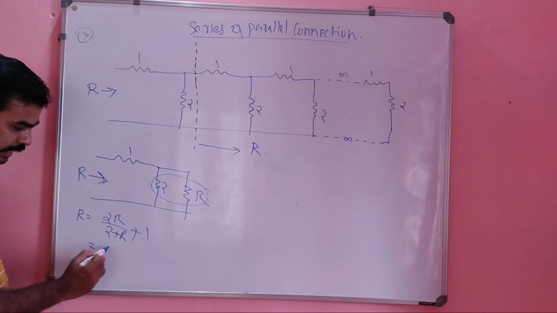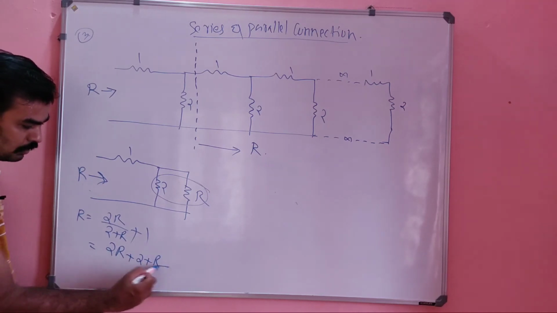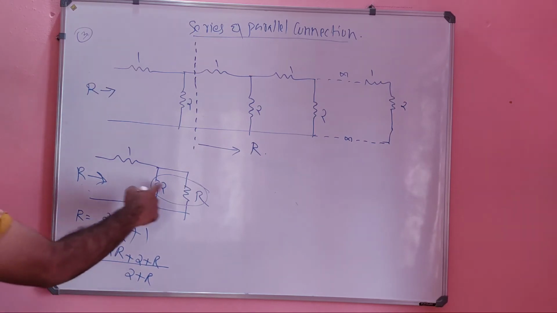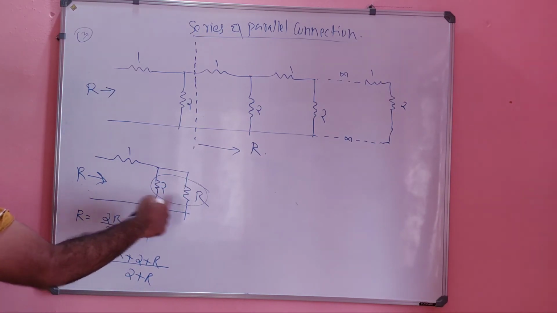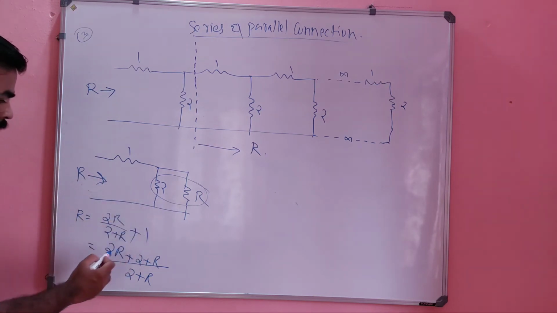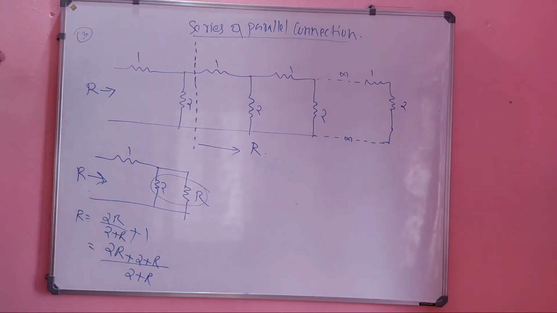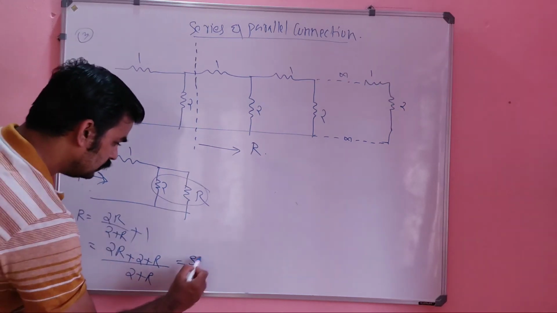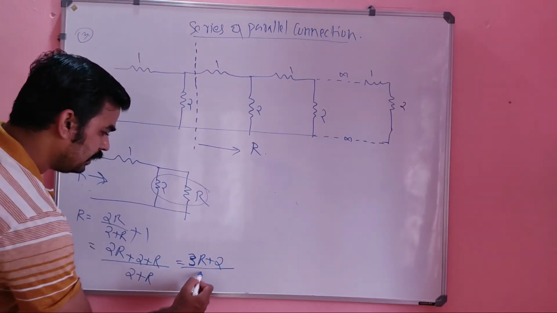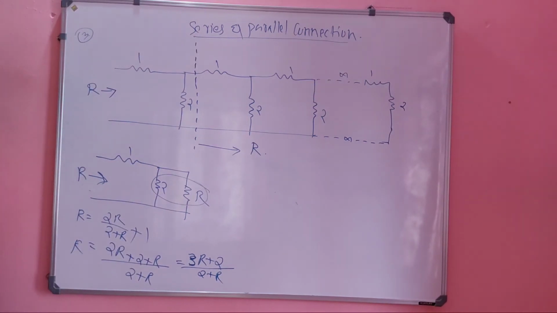So this R will be equal to 2R plus 2 plus R, whole divided by 2 plus R, which is 3R plus 2 whole divided by 2 plus R, which is equal to R itself.